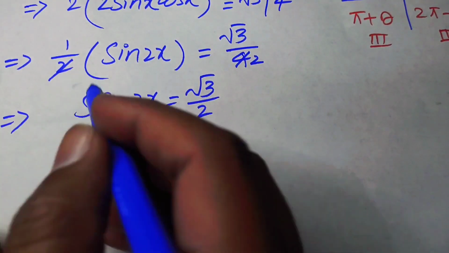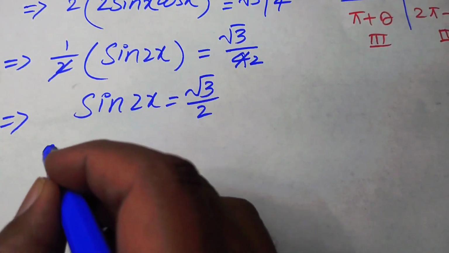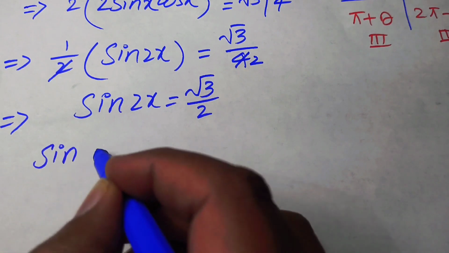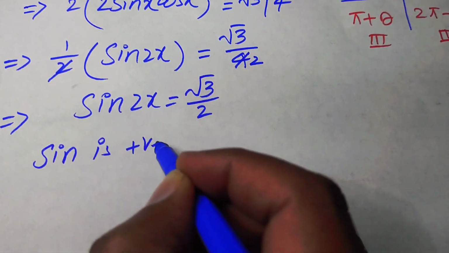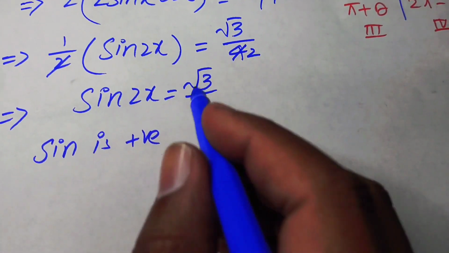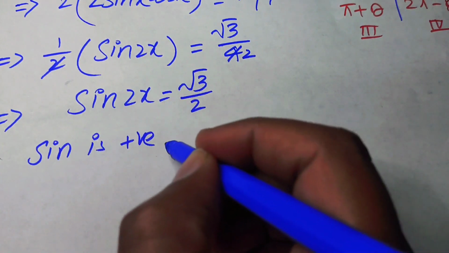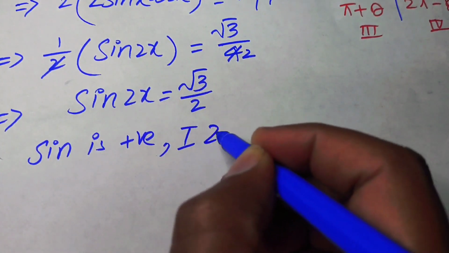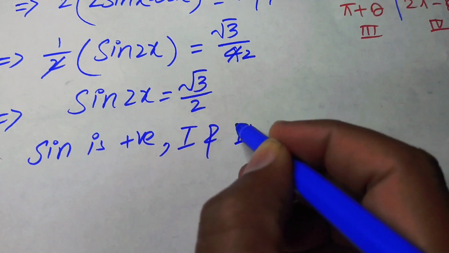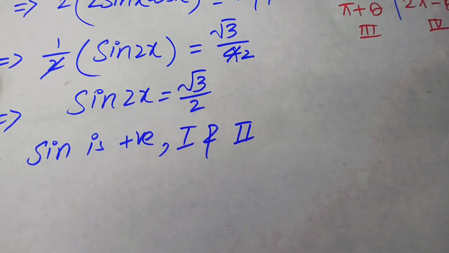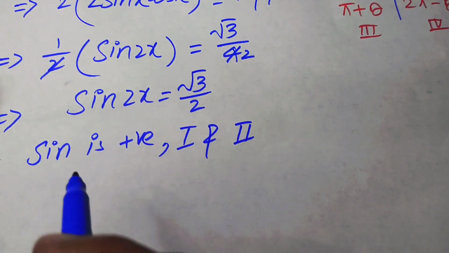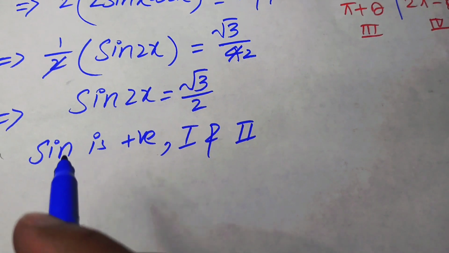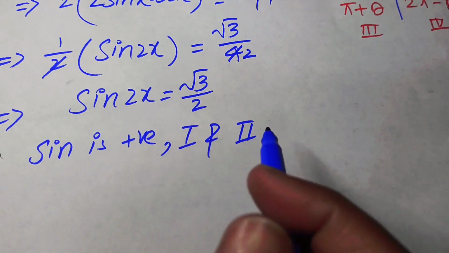Also we see that the value of sine is positive, so it lies in the first and second quadrant. So we can just take the angles in the first and second quadrant.